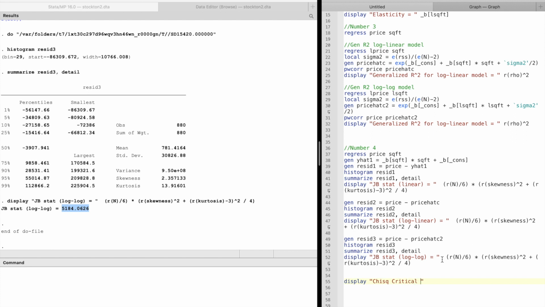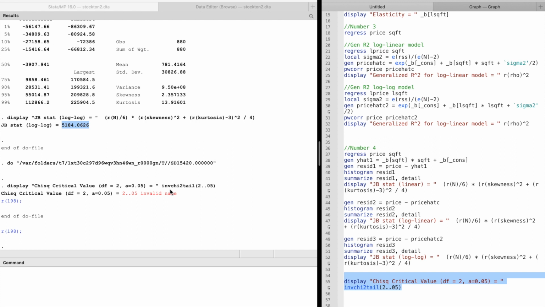You can compare this Jarque-Bera statistic to the chi-squared critical value with 2 degrees of freedom and alpha 0.05, and this is inverse chi-squared tail, 2, .05, and we get something around, oops, I got a dot instead of a comma, I placed the wrong one.